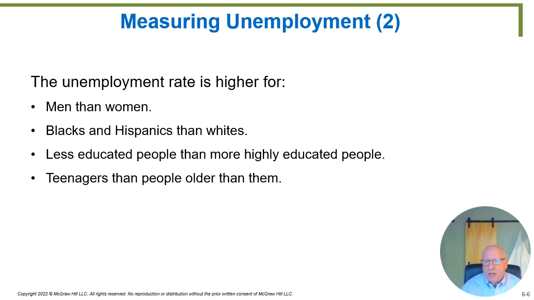Blacks and Hispanics in the United States, on average, have less education than whites or Asians, and so therefore have a higher unemployment rate. So what's really driving this is not the ethnicity itself. What's usually driving it is the level of education and therefore the skills that go along with that education. It's way easier for educated people to find jobs than for uneducated people. Teenagers generally have a much higher unemployment rate than older people do.